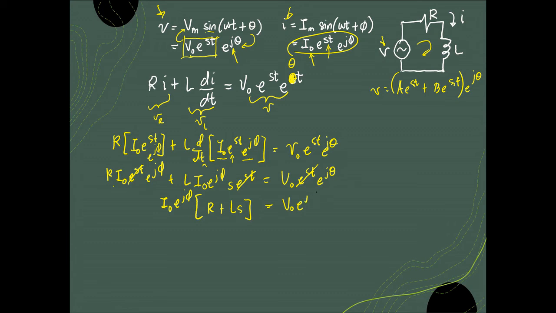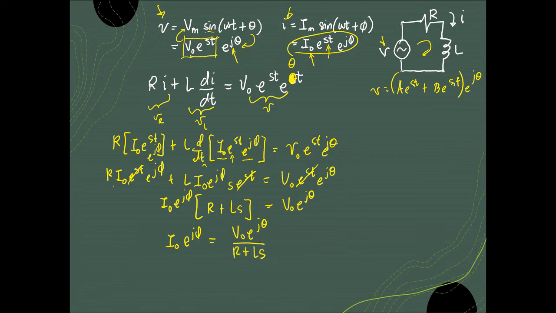Our goal is to find the I0. To complete, we can express then the I. So I0, you can write e to the jp, is equal to V0 e to the j theta divided by R plus Ls.